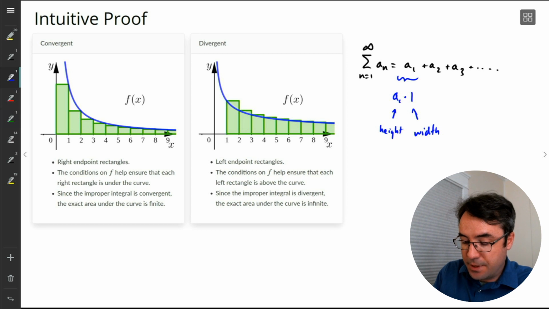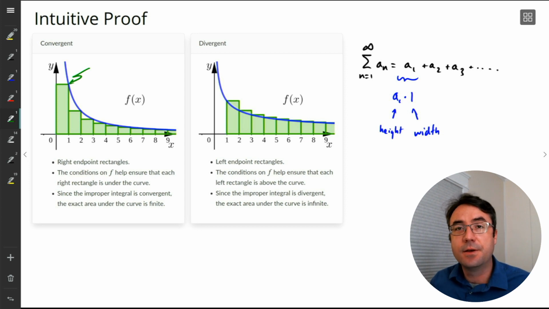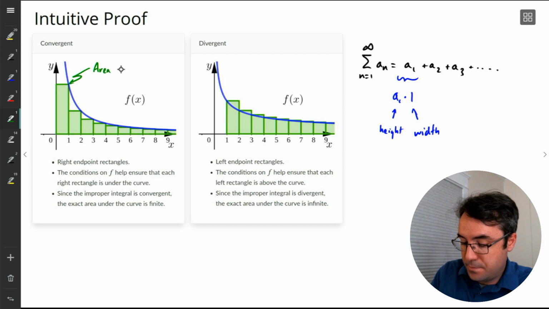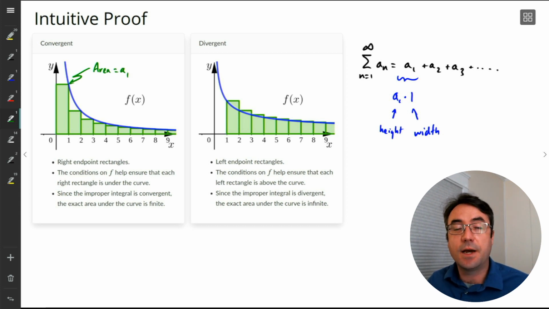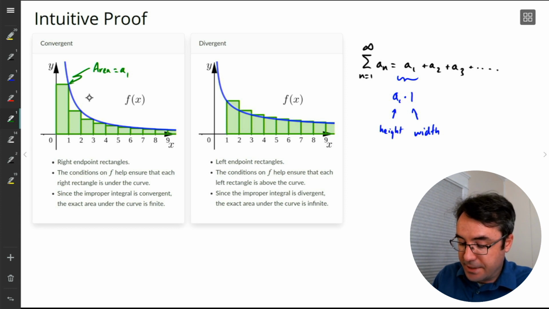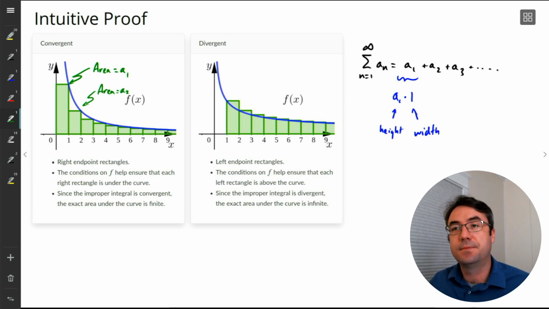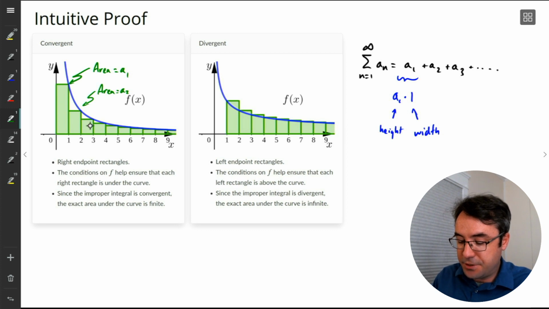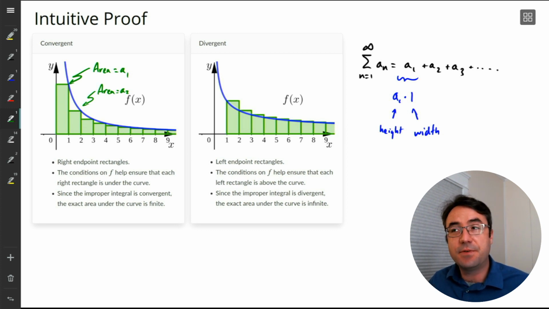For instance, the area of this first rectangle would be a1. It's the height times the width. The area of the second rectangle is a2, and so on. The area of each rectangle is just given by the individual term in our series.